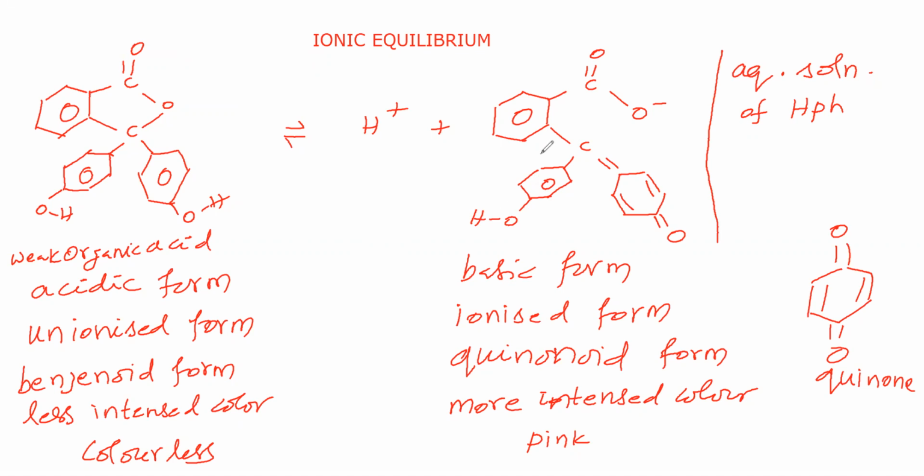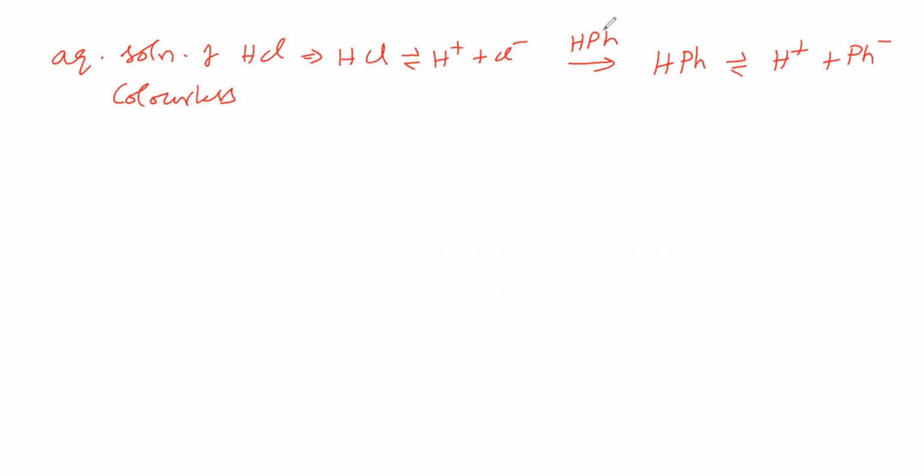Now let us see. This is a purely aqueous solution of phenolphthalein. In this aqueous solution, this equilibrium is there, and the unionized form has some concentration. Now this phenolphthalein is added into an aqueous solution of HCl.